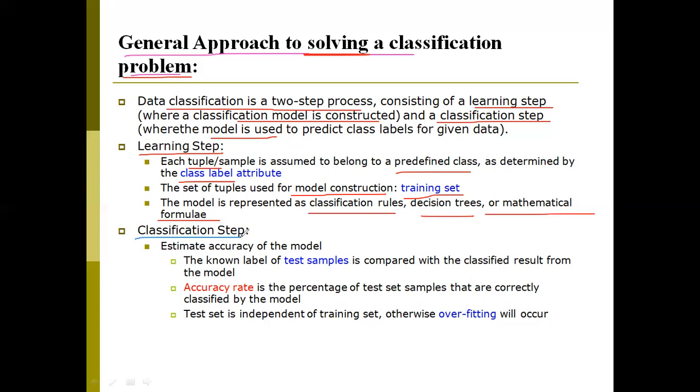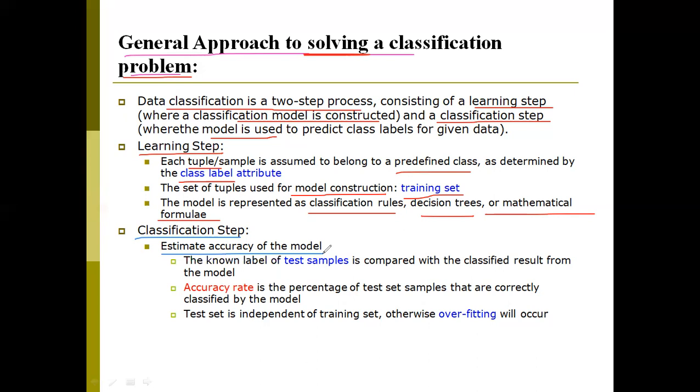Under the second step, we are going to estimate the accuracy of the model. Already we have developed one model in the learning step, based on the training set of data. Now, in the classification step, we are going to test that developed model.